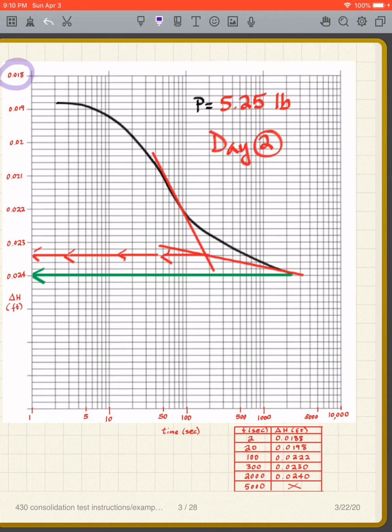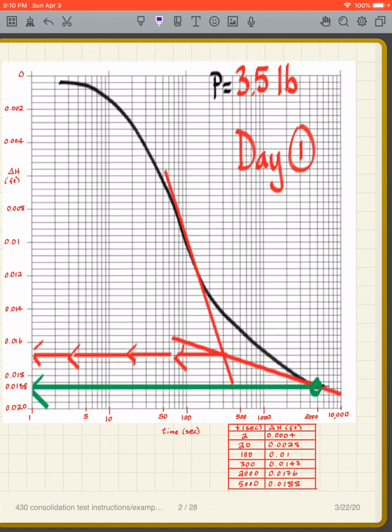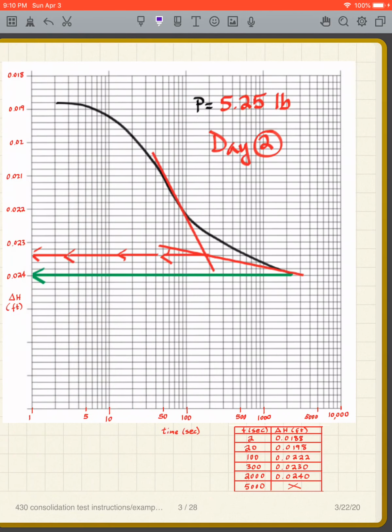I need to show the 0.0188 because that's my first data point here. The way that it works is that the last point on day 1 becomes the first point on day 2. So I'm going to start up. When I create this scale, I'm going to have to put my 0.0188 up at the top here.